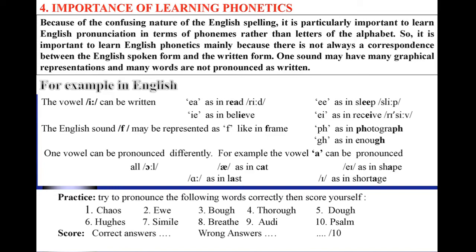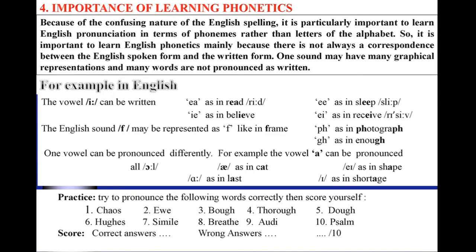The same goes with, for example, present and present, content and content. So, due to the confusing nature of English spelling, it is particularly important to learn English pronunciation in terms of phonemes rather than letters of the alphabet.